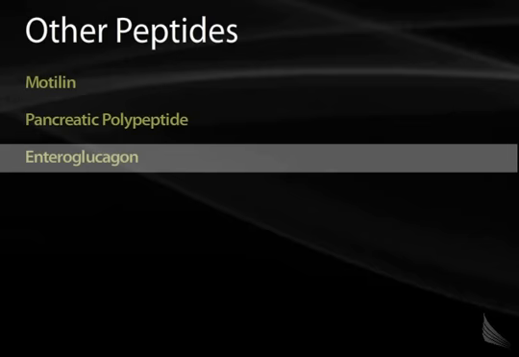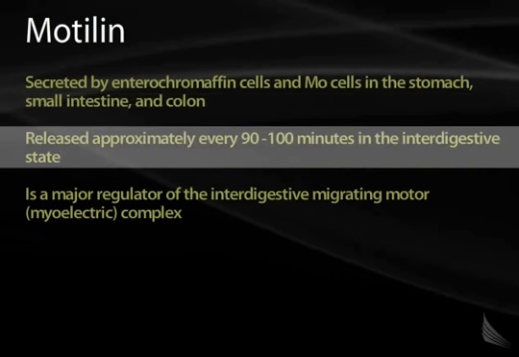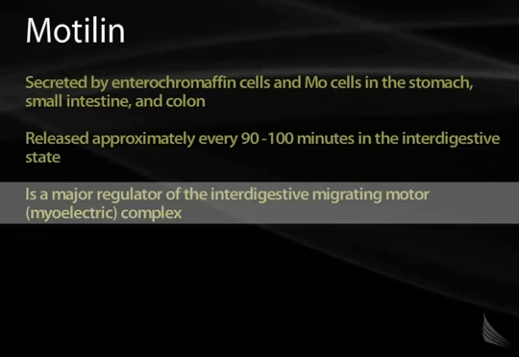There are other peptides that are present, namely motilin, pancreatic polypeptide, and enteroglucagon, and we will talk about these further as well. Motilin is secreted by the enterochromaffin cells and Mo cells in the stomach, small intestine, and colon. It's released approximately every 90 to 100 minutes in the interdigestive state, i.e. during times when we're not eating. And it's a major regulator of what's known as the MMC, or the migrating motor or myoelectric complex.